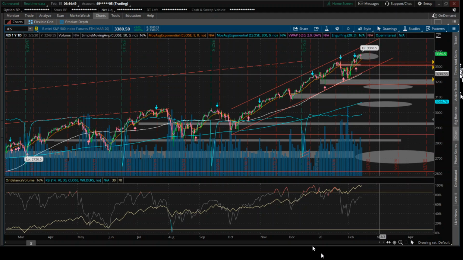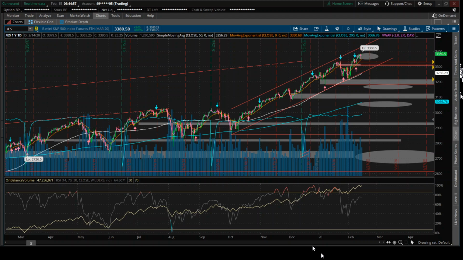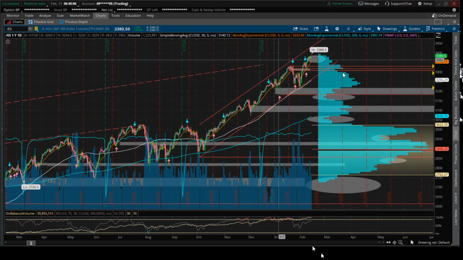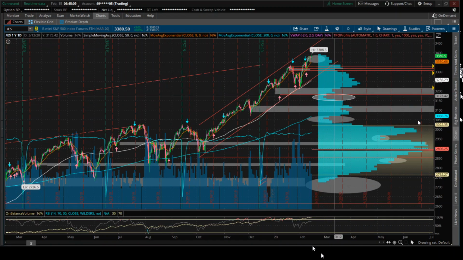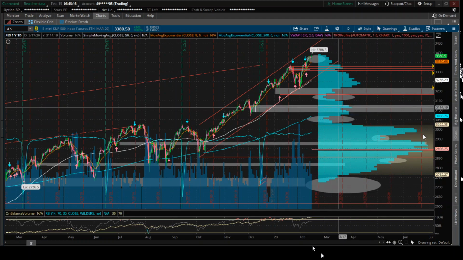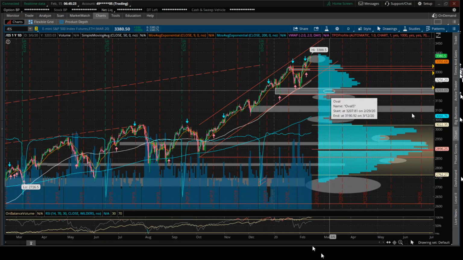So these other areas that we want to talk about, if you've seen any of my other videos, I want to pull up my TPO study set, and as you can see, these circles or ovals that I've drawn out on the 1 year, 1 day chart are areas of low order flow on the TPO.